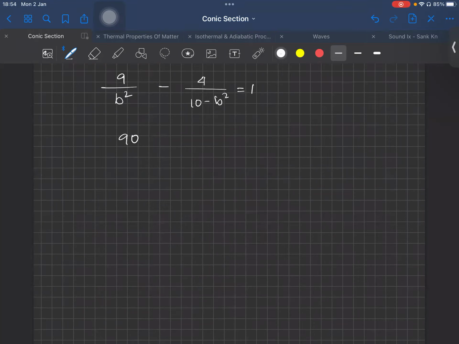Yes, sir. Find the value of x. Is the equation correct?